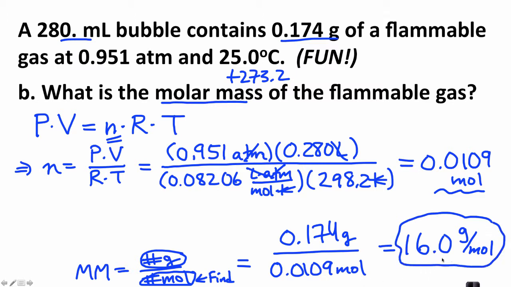And as usual, determining molar mass can help us potentially determine what the substance is, and it turns out that the flammable gas we are dealing with here is in fact methane, CH4, which has a molar mass of 16 grams per mole.